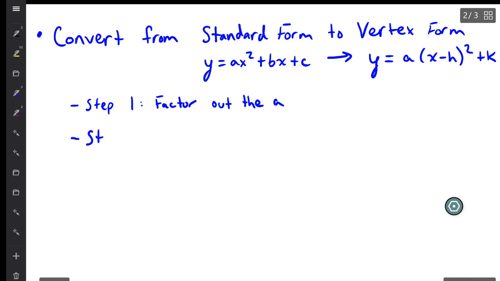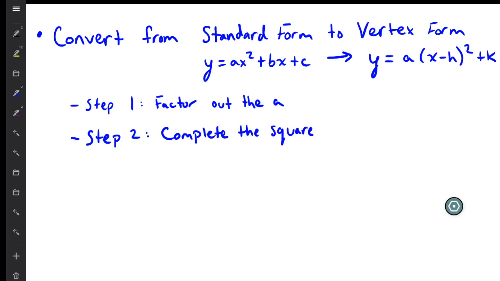And then step 2 is going to be to complete the square, which is a little bit tricky, and we may have forgotten how to do that. And so we'll kind of talk about that process as we go.